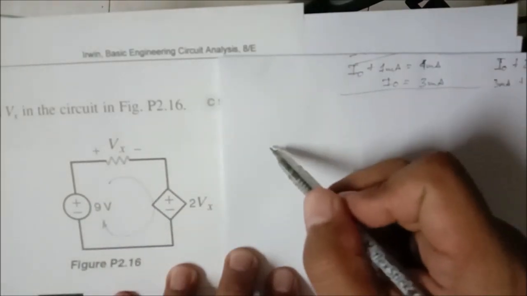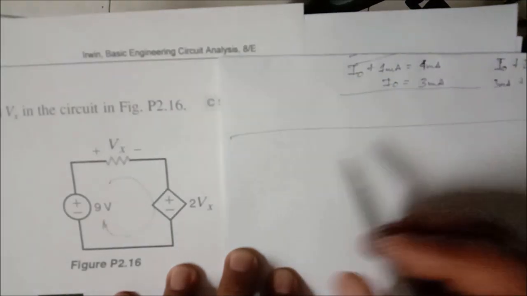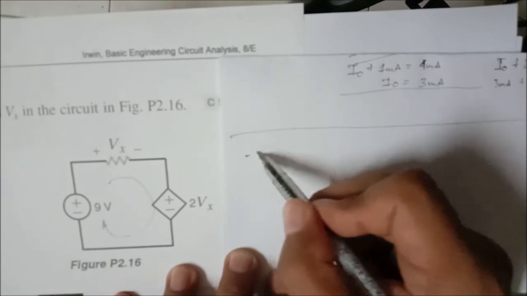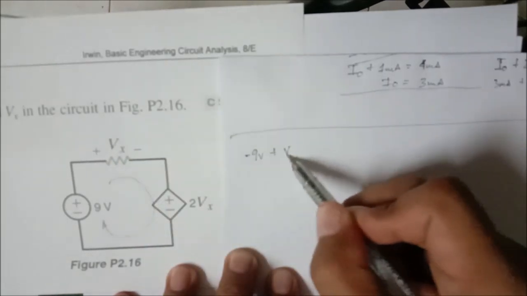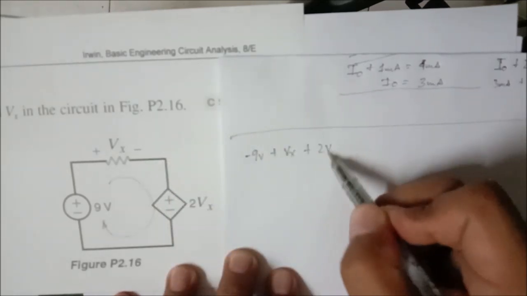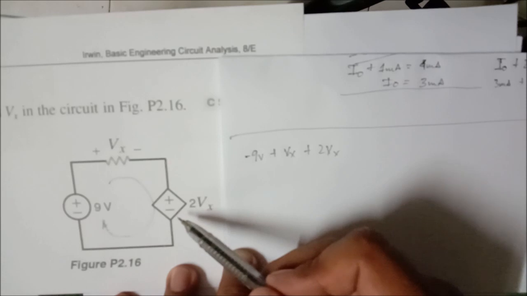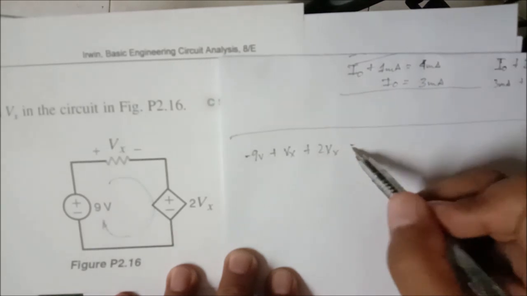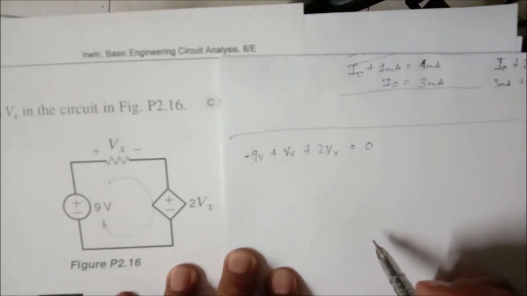So, ibig sabihin, yung arrow pumasok sa negative 9 volts plus V sub X plus 2V sub X. Tawag natin dito, dependent voltage source. Okay? Is equal to 0. Lahat ng voltages, summation of voltages, equivalent to 0 yan.